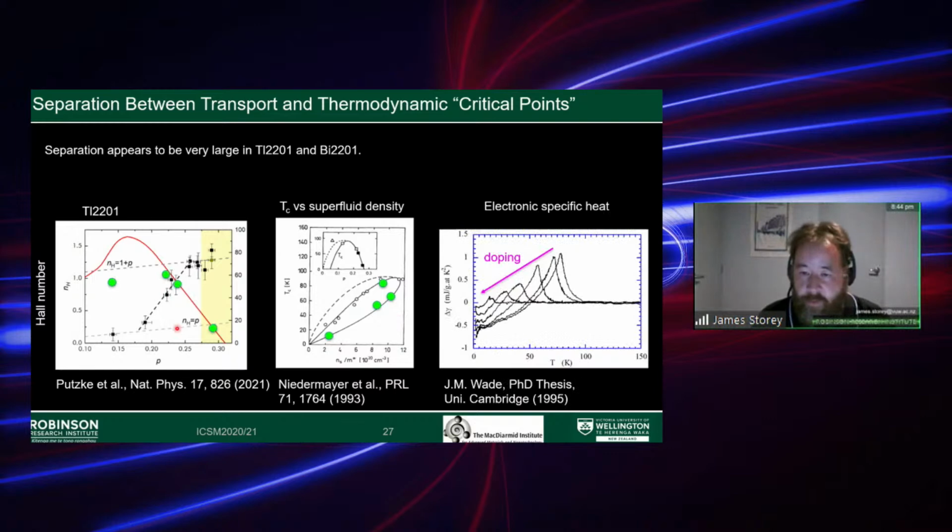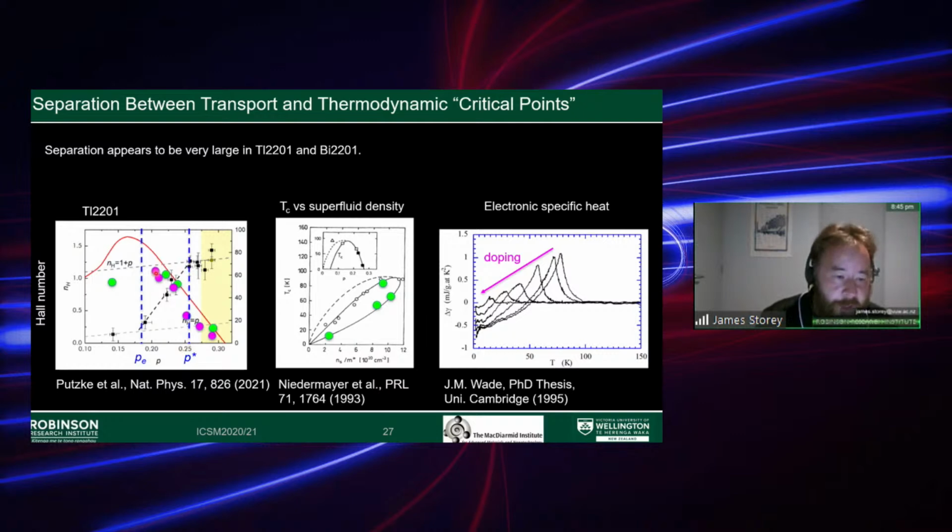And also the specific heat jump for thallium-2201, which we can also overlay. Note that both properties will have to undergo some sort of maximum near a lower doping, around about 0.18 or so, far below the onset of the change in Hall number.